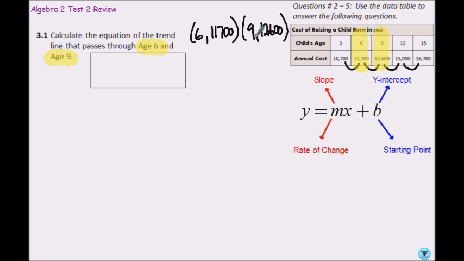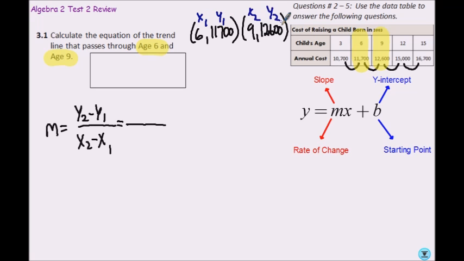Well, how we figure out the rate of change is that we're going to compare, and here's a little bit of a formula that you'll have to know, but hopefully this will make sense. y2 minus y1. What that's saying is that we want to compare how it changes in terms of, first of all, the cost. So from a 9-year-old to a 6-year-old, what's the difference in cost?